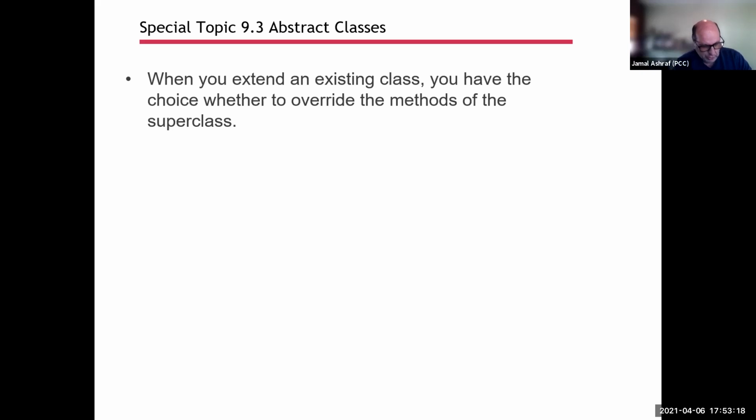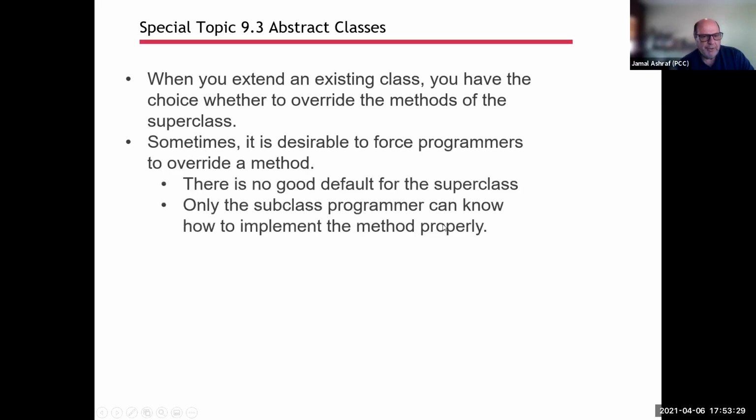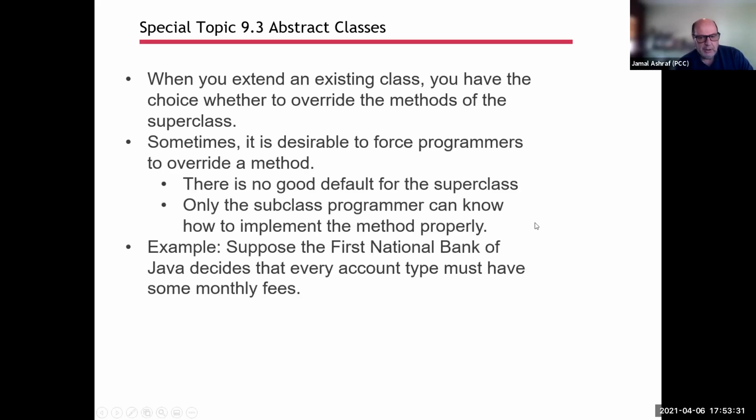If I don't force it, some people would write it, some people would not, but I want to be sure that they're all doing it. So abstract methods are the methods that I don't have the detail of, or there is not a good default for the superclass, or only the subclass programmer can know how to implement.